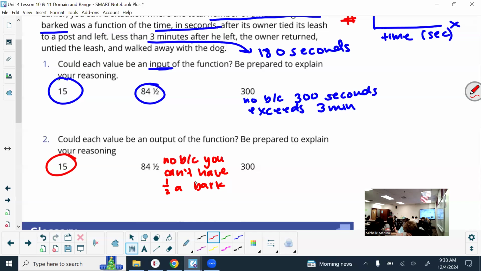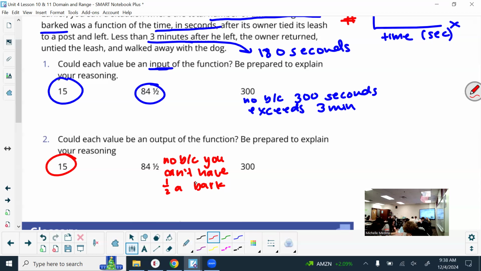Table 6, could 300 be a possible output, a possible number of barks? Do you think the dog could have barked 300 times within the time frame? Okay, why?